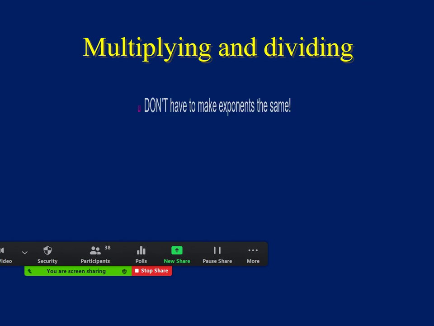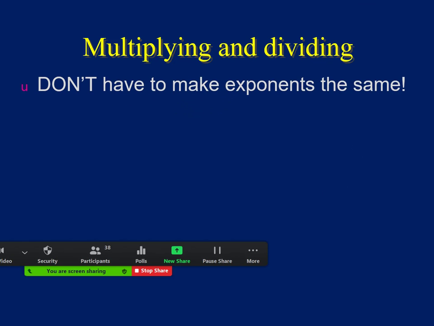Multiplying, dividing. When you multiply and divide, you don't have to line up decimal points. 2.7 times 358, I can just push that in my calculator. I don't have to line up the decimal points, so I don't have to make the exponents the same.